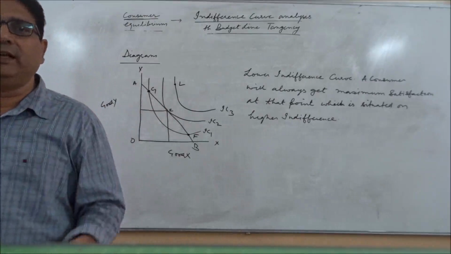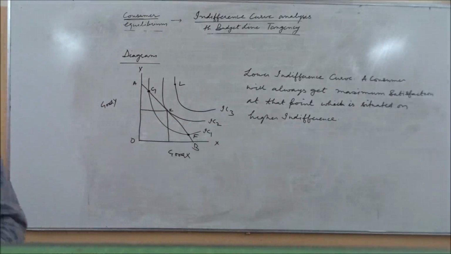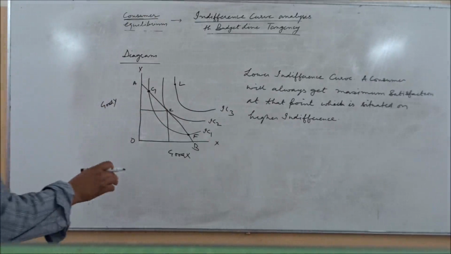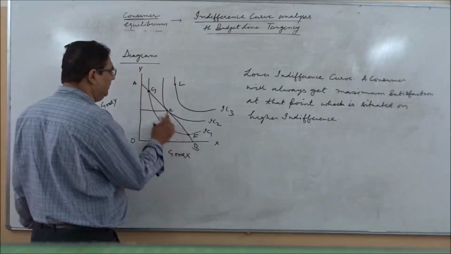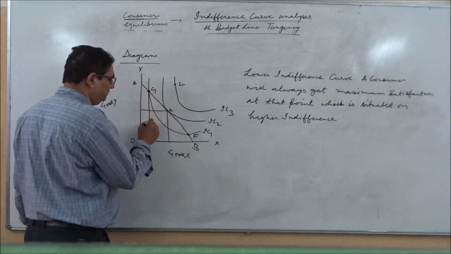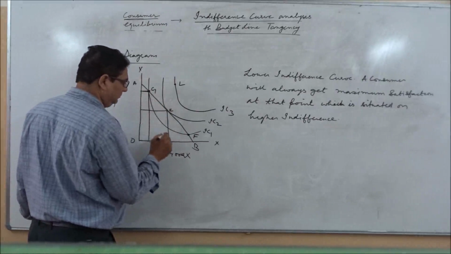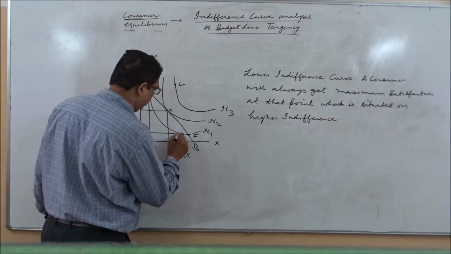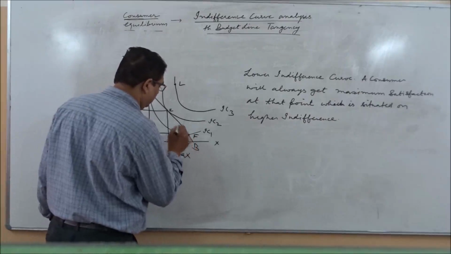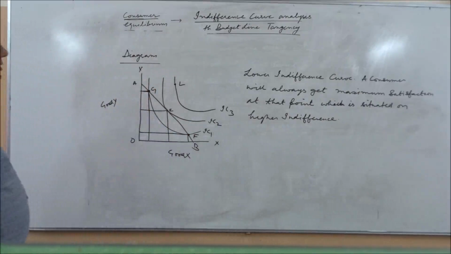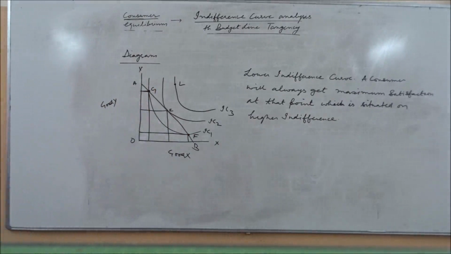But if he goes further to the F point, he will come back once again to E point, right? E point shows the balance between the purchase of two commodities.